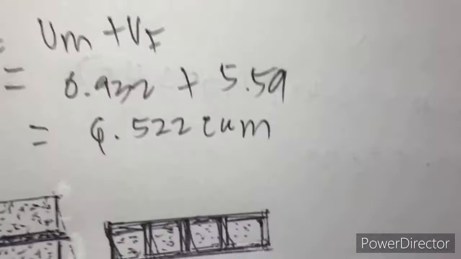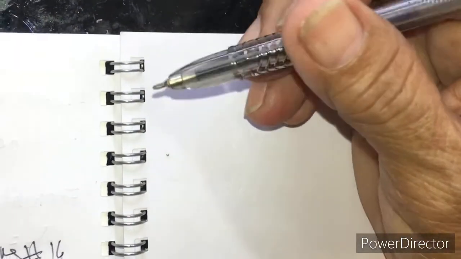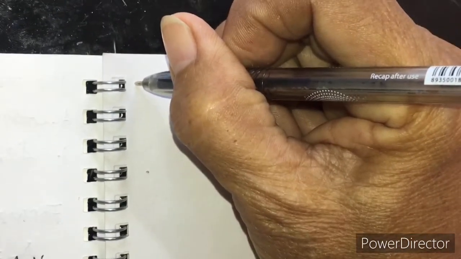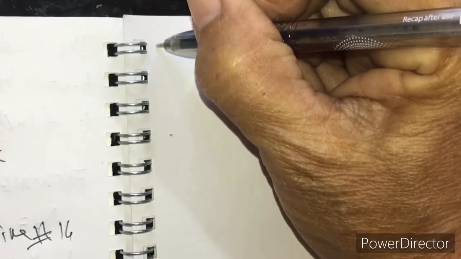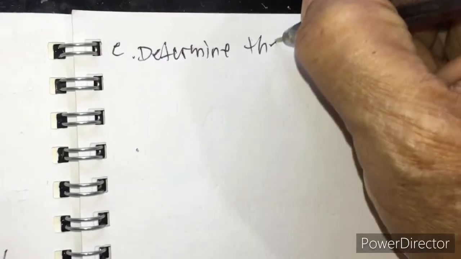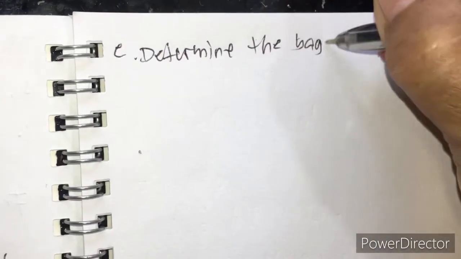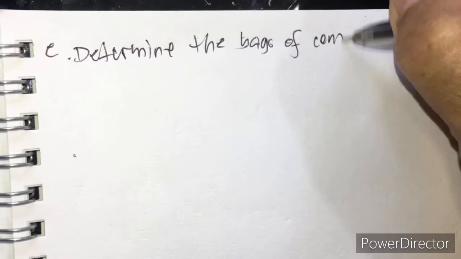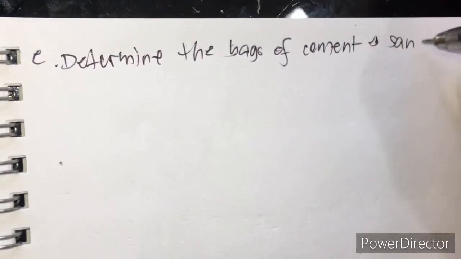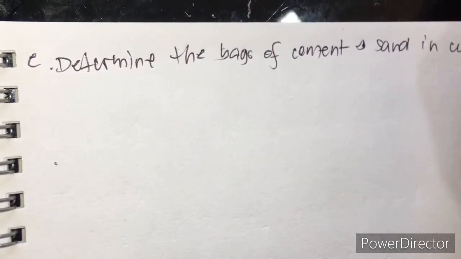And then we'll go to solve using the mortar and filler. We are now in letter C. Determine the bags of cement and sand in cubic meter.